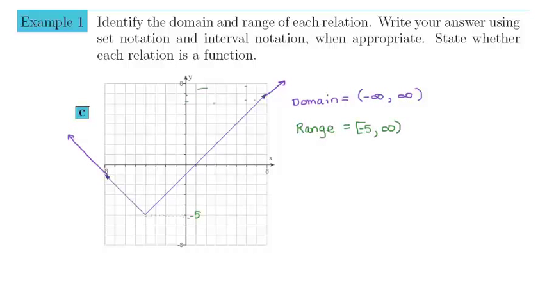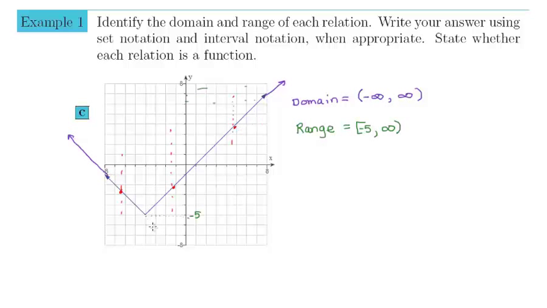Now the last question, is this relation a function? In terms of the graph, that means, does this graph satisfy the vertical line test? Well, notice any vertical line that we draw, no matter where it is on this relation, will only pass the graph in one place, in one point.